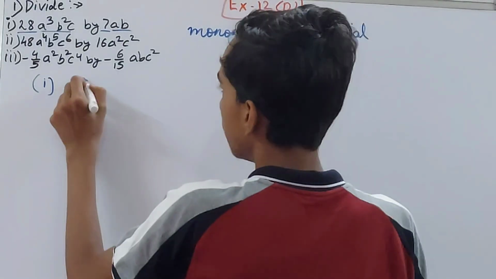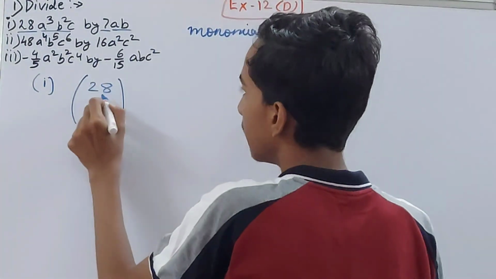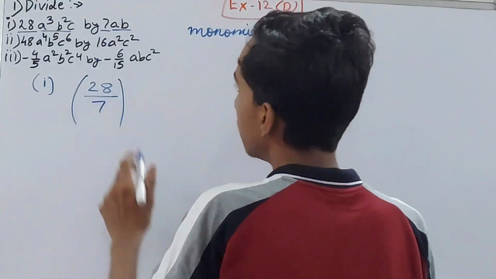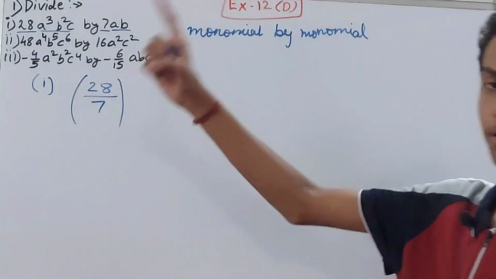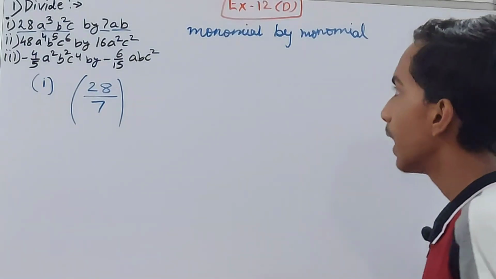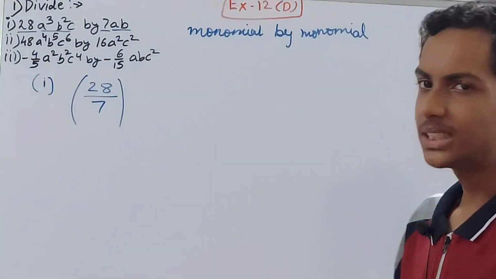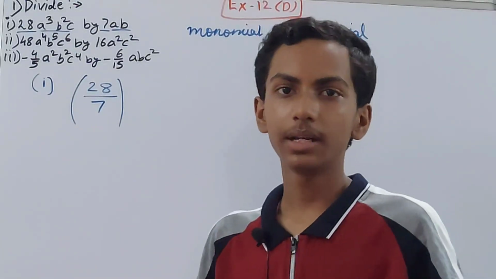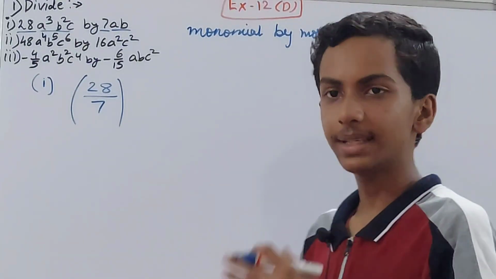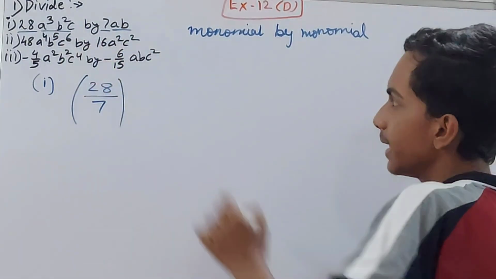Take in brackets. First one will be 28 divided by 7. So can you see the numerical coefficient of the first term is divided by the numerical coefficient of the second term. Since it is division, the order will not change, unlike subtraction.